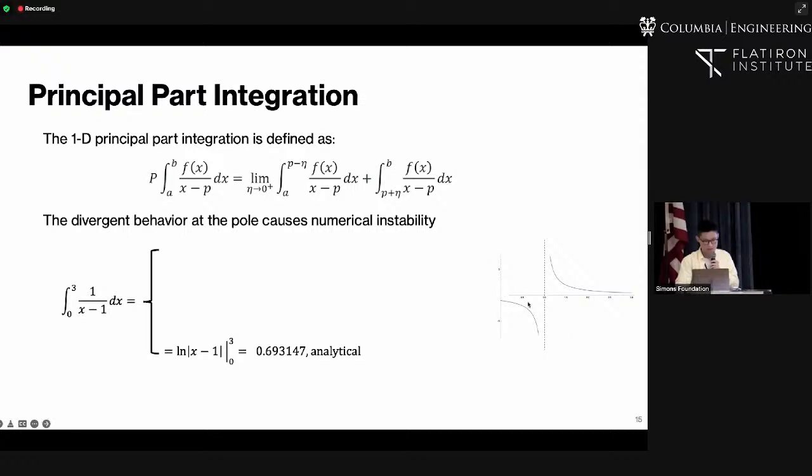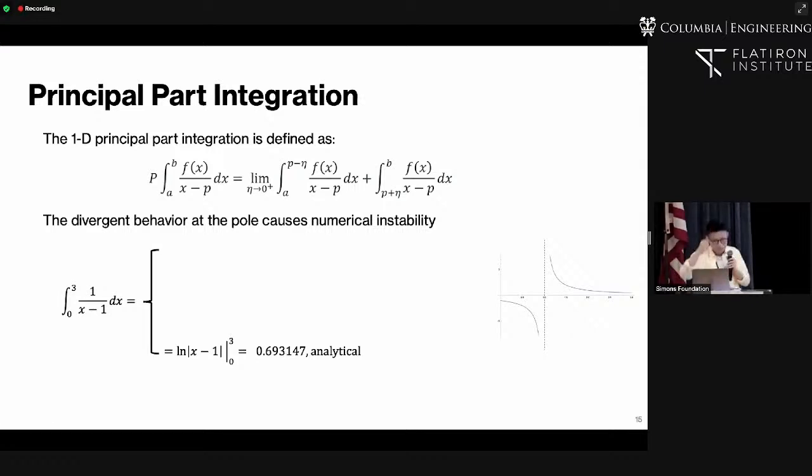You can see there are two divergences when it approaches the pole x equals 1. And if you really try to evaluate this expression, first you can do some analytical integration, which is quite simple. It's basically natural log 2, and you get 0.69 something.